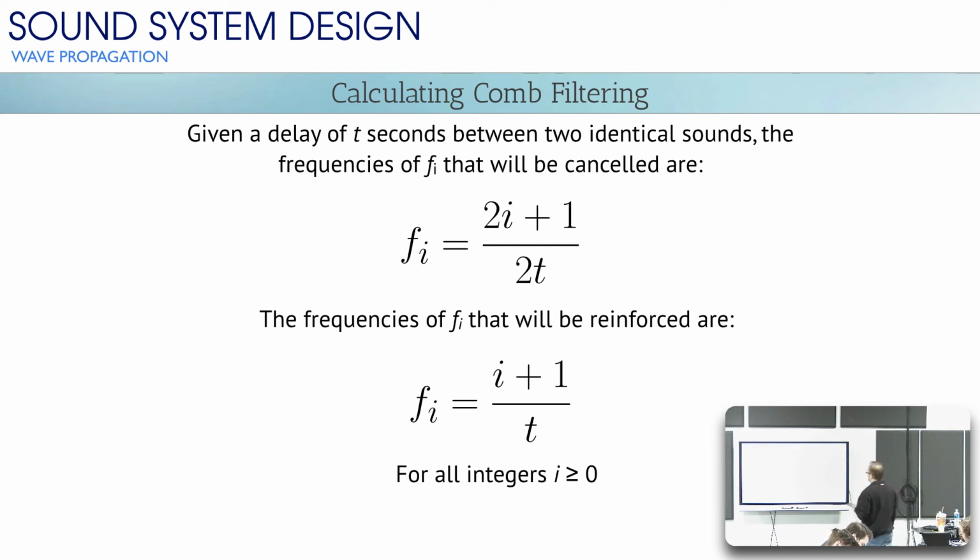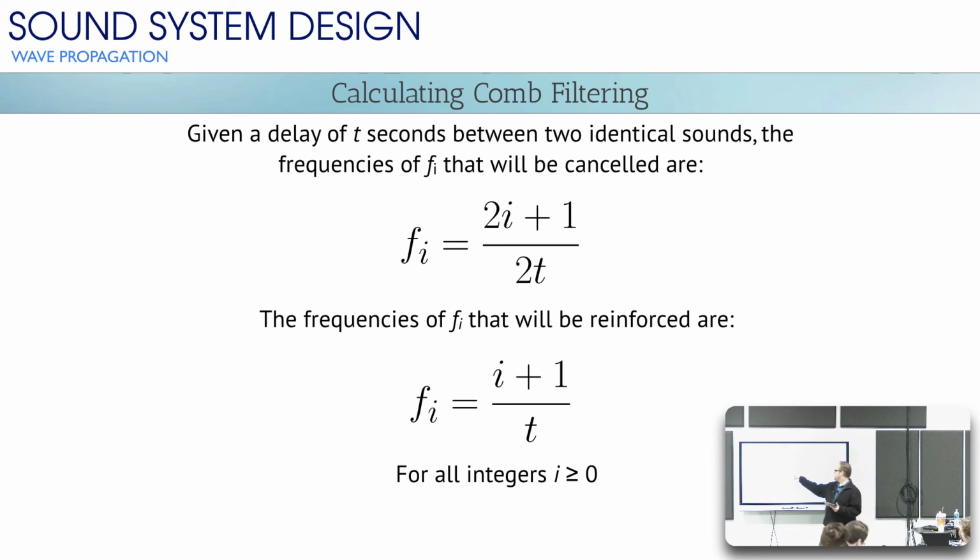And we're going to define a variable i, and i is going to represent one of however many frequencies that we're going to figure out here. Okay. And then f is frequency. So this is for if we want to find out which frequencies will be canceled out.